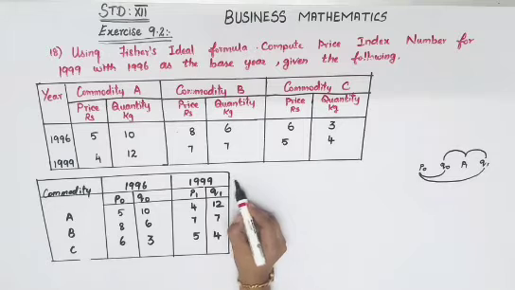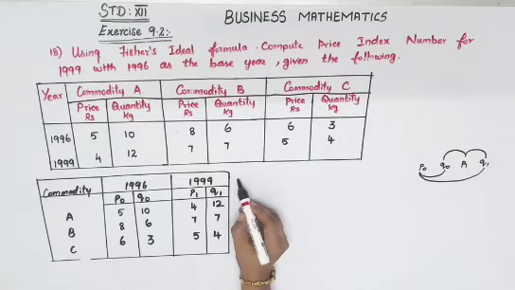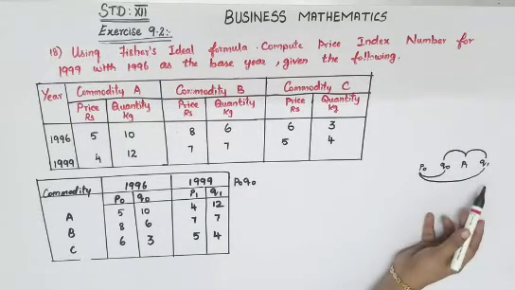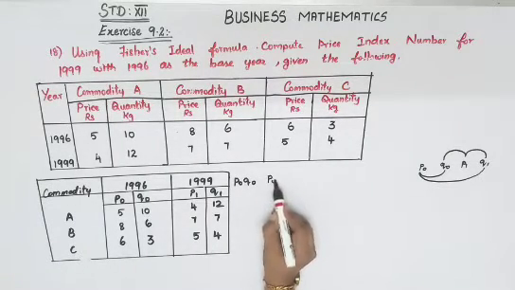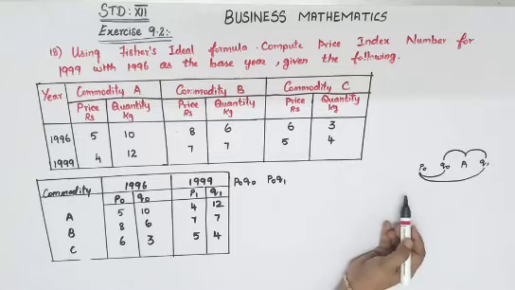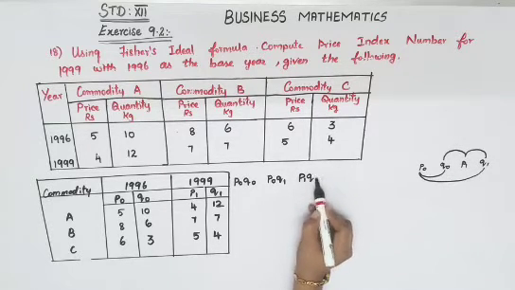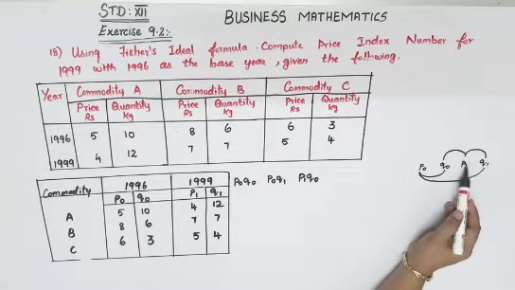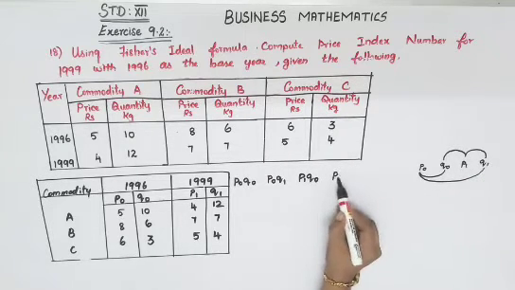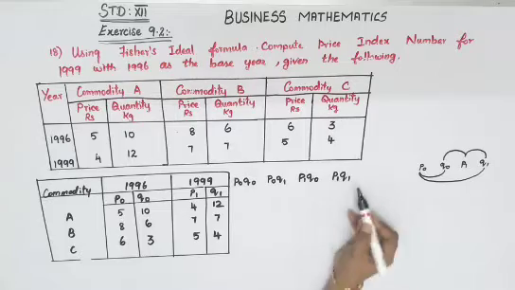So we'll write the order here; whichever formula you use, take the same order. So the columns are P0 Q0, P0 Q1, P1 Q0, and P1 Q1.